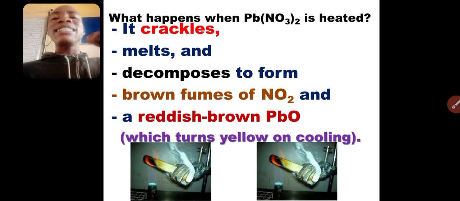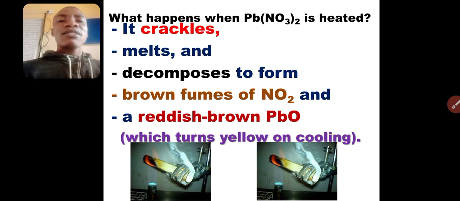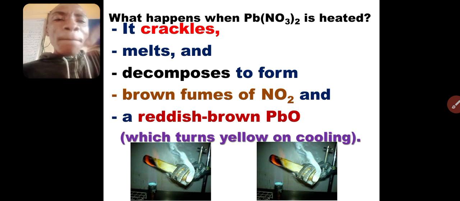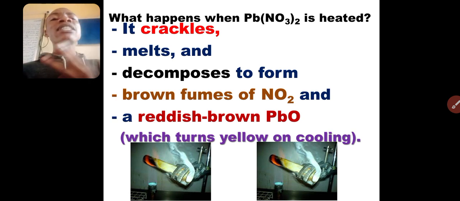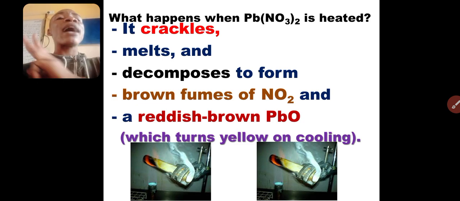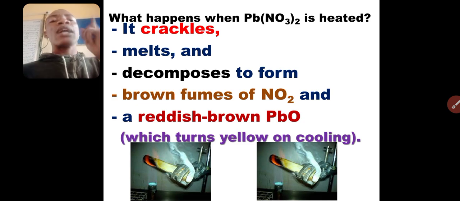They crackle, which means they decrepitate. They make a cracking sound, and melt and decompose. Those 3 things will be undergone by all nitrate 5 salts that you are heating strongly. They will crackle, they will melt, and they will decompose.